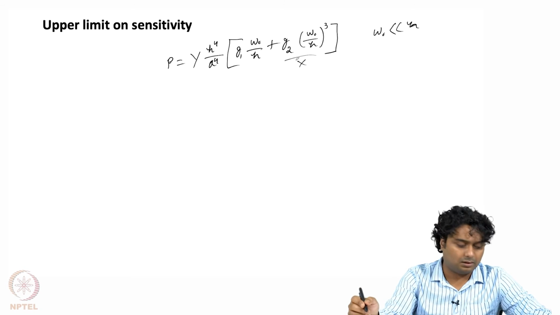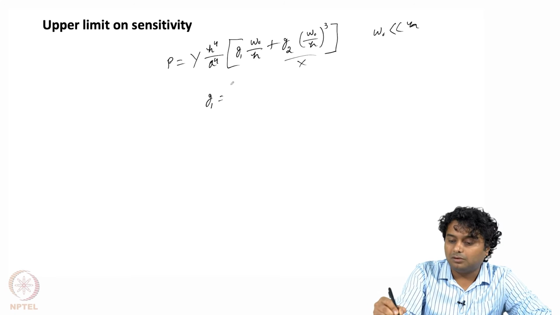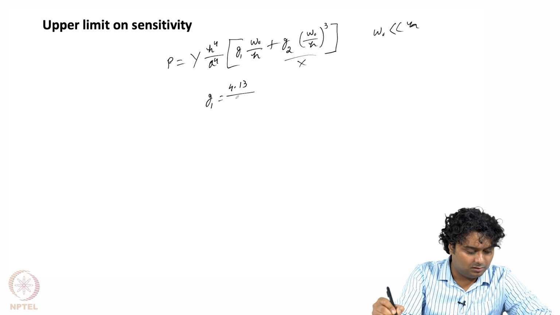So, this will add extra complexity to our device. This G1 is equal to 4.13 divided by 1 minus nu square.